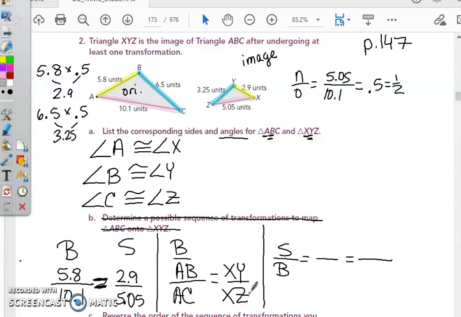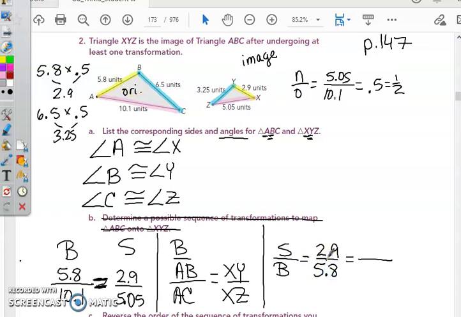The other way, which is the way I do not like as well, is small to big. So small, for instance, on here would be 2.9, and it corresponds with 5.8 on the big.